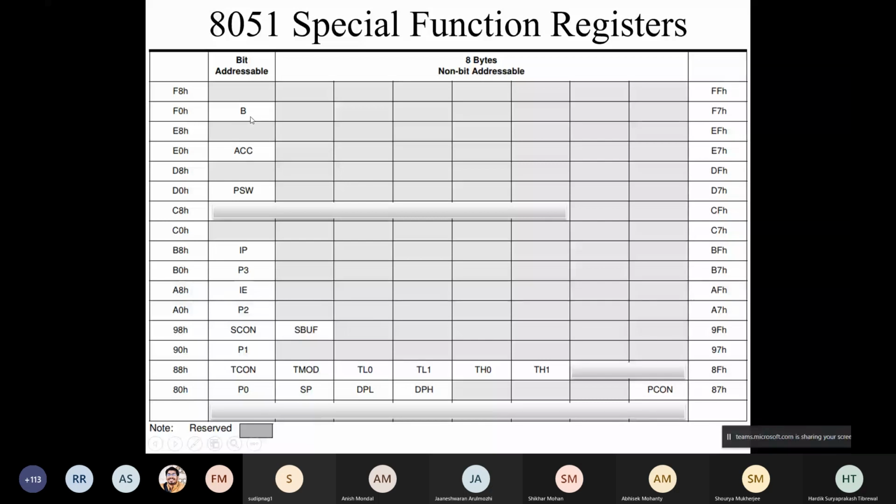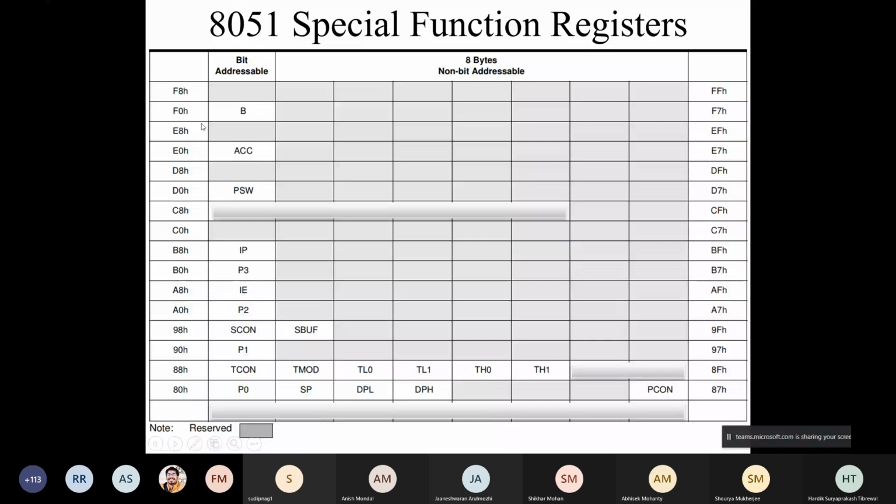So whenever you write code, let's say move something from A to B, or move B to A, or any other register to any other within this special function register set, we are actually writing: move the data at this address to another address.